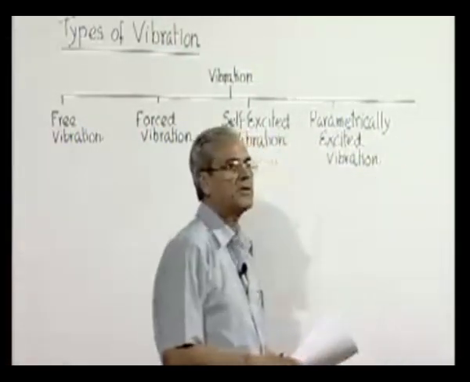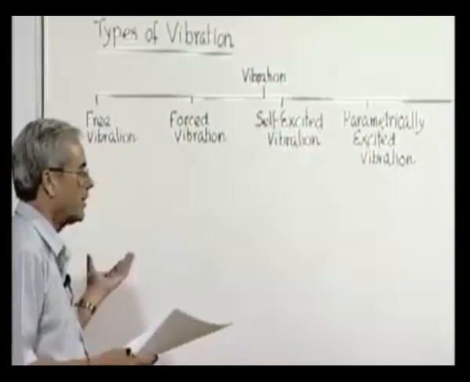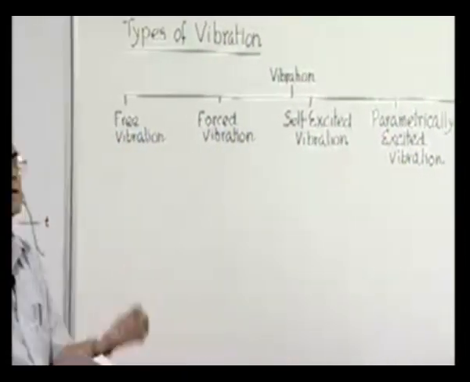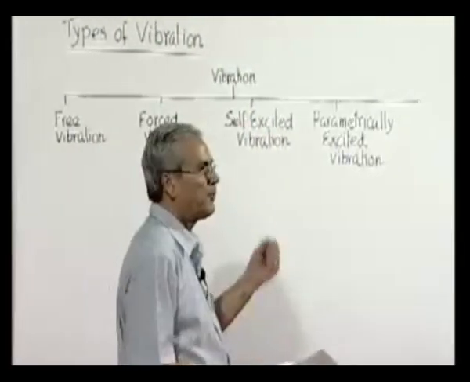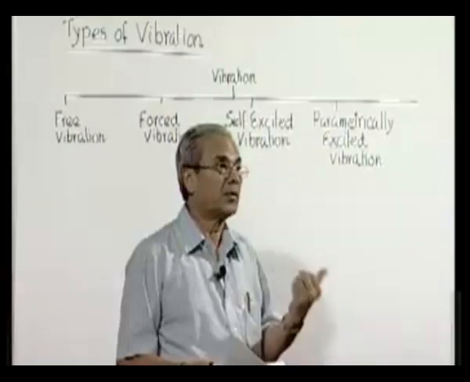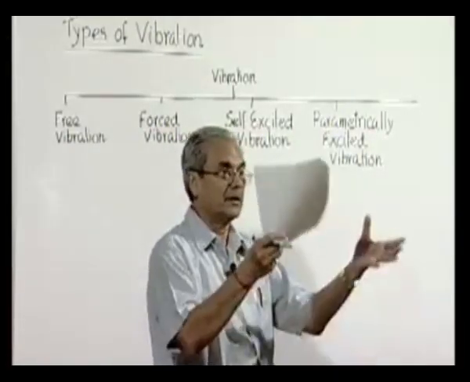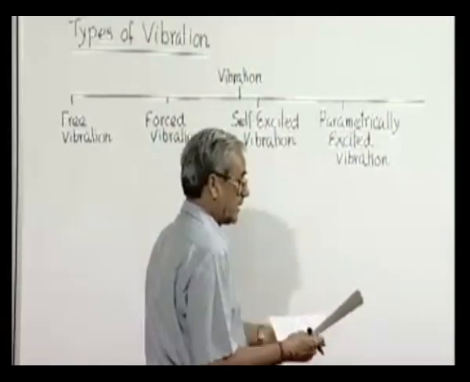Here, one of the parameters, we will discuss the parameters of vibration very soon, is dynamic. There is no vibrating force acting, but say the stiffness of the system is fluctuating with time. That is a situation where again the system may vibrate, and these are called parametrically excited vibration.